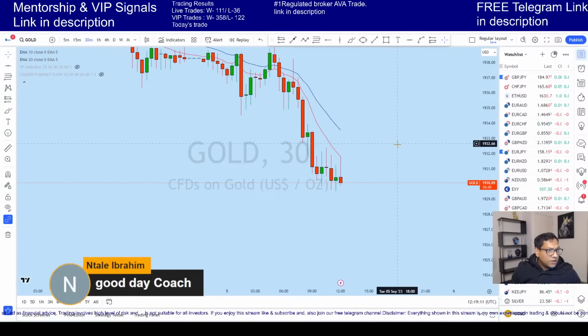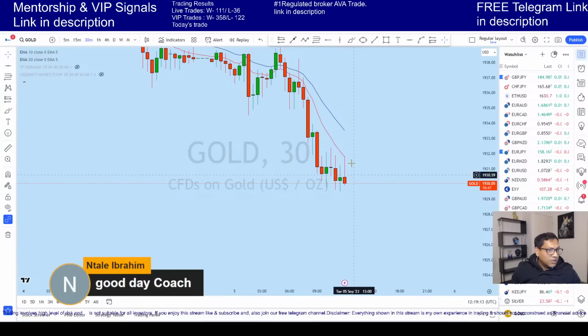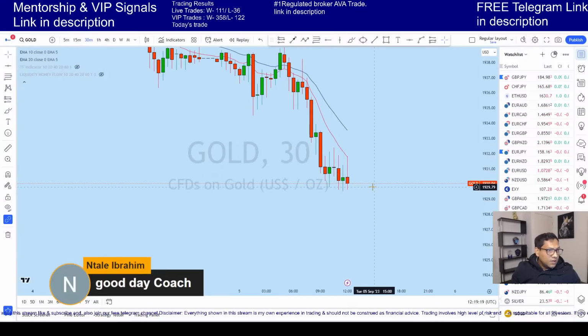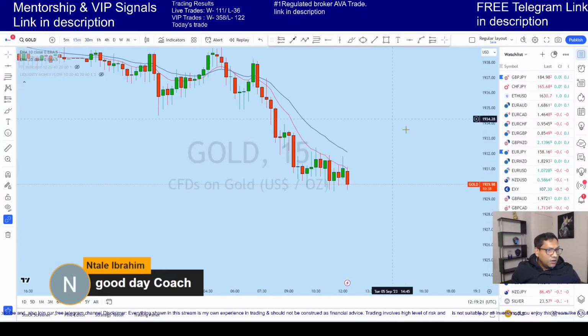This is the 30 minutes candle, you can see from this level, after back-to-back 3 dodges, again the price coming down here.